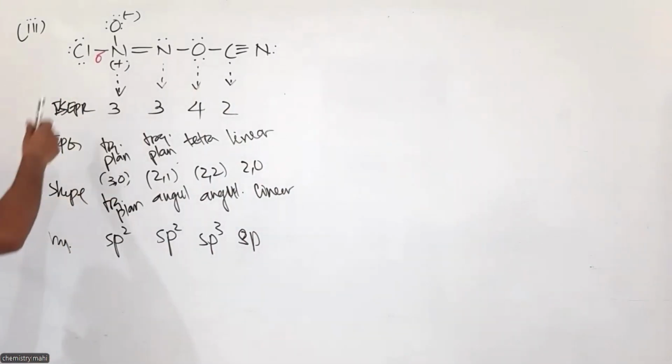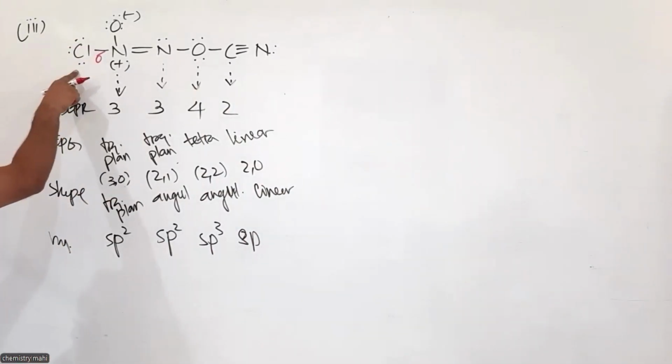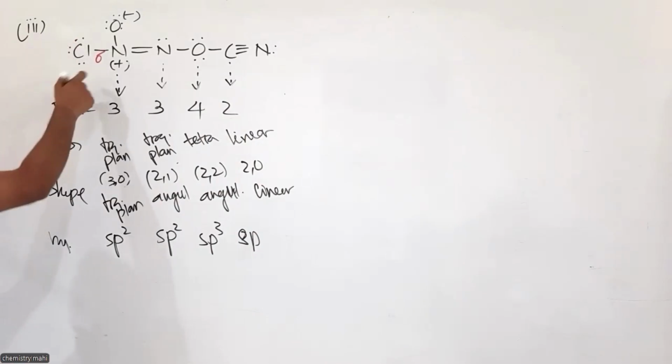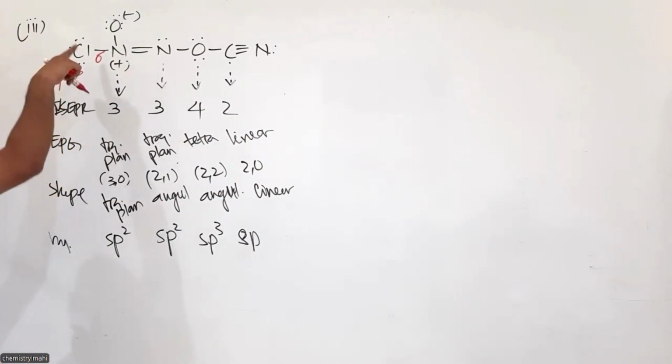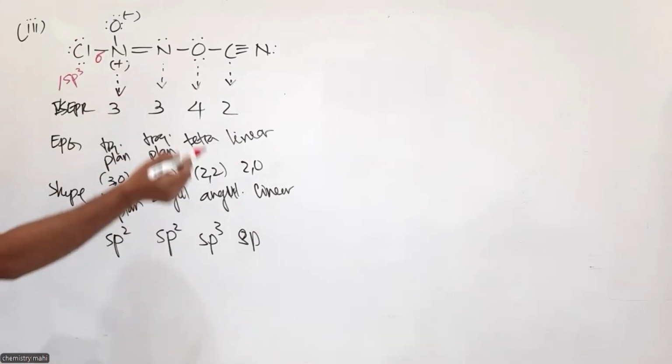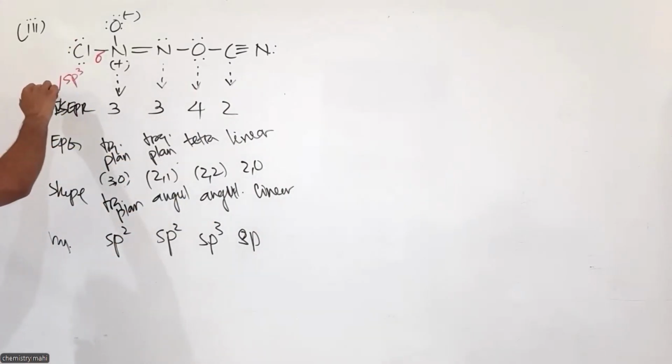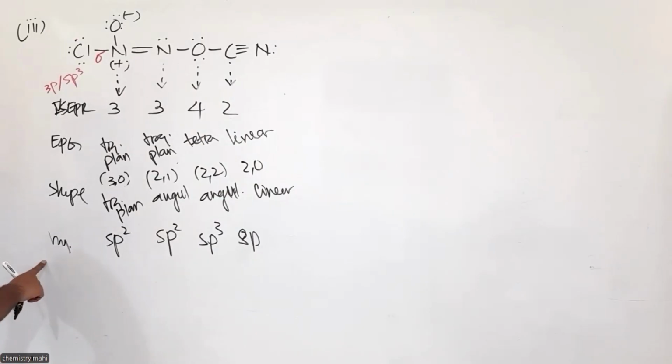If it is hybrid, you can see 1, 2, 3, 4, I mean 4 VSEPR, then sp3. If it is unhybrid, when you write the configuration, you will see the unpaired electron is available in 3p. So it should be 3p or sp3 in the case of chlorine. I roughly write it here. This is the fourth part under that first one. So for chlorine, someone says sp3, okay.